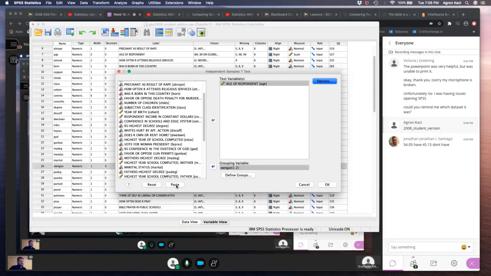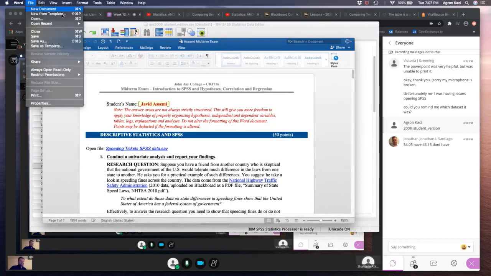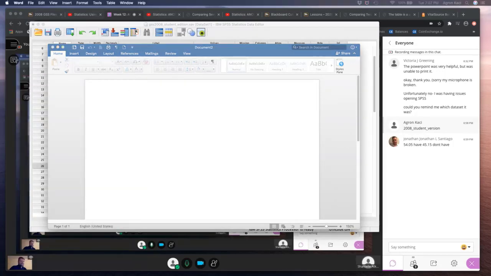If you click paste, as you know, that brings up the syntax. So you already copied that code and you can paste it in Word if you want. For example, I'm going to create a new document.